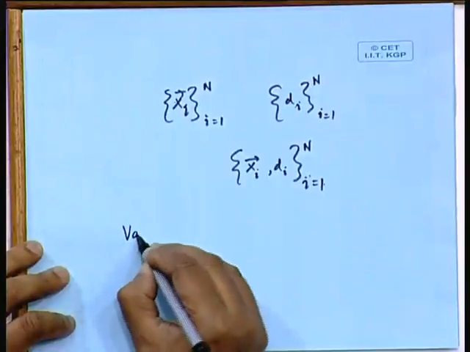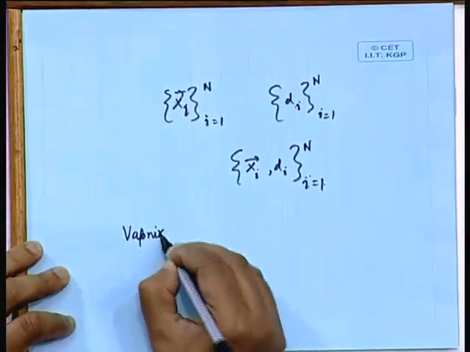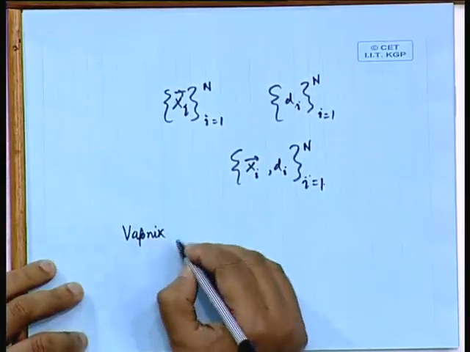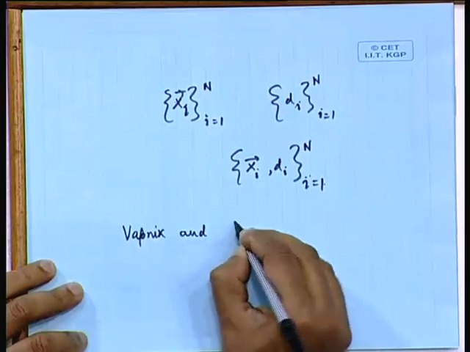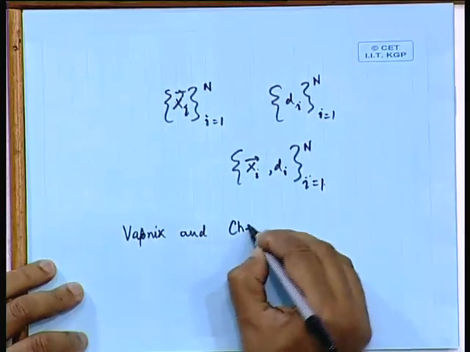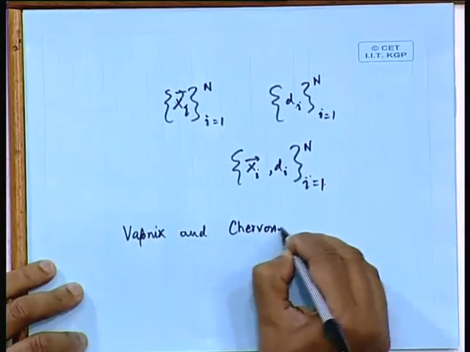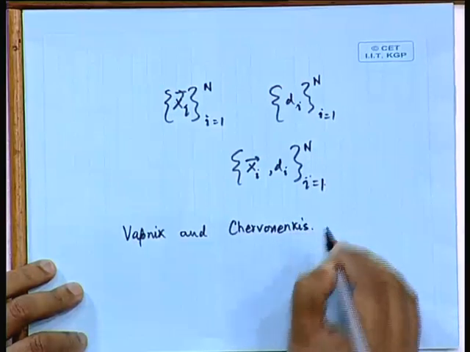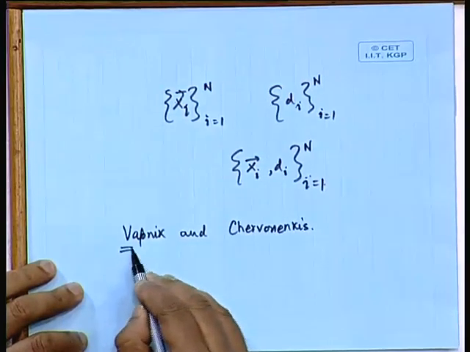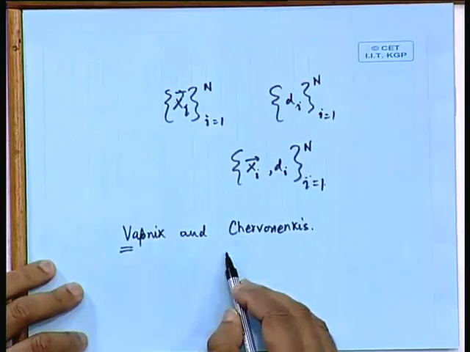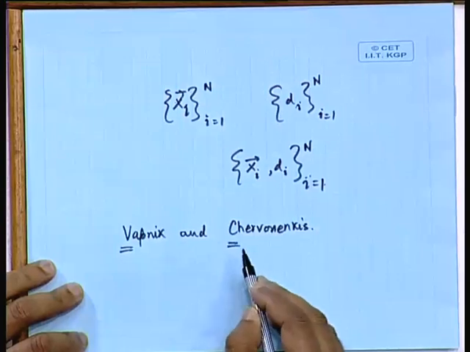there is one statistical tool that we must consider, and that is named after two scientists who had proposed this theory, that is Vapnik and Chervonenkis. I do not think that we are required to know the names of both the scientists.